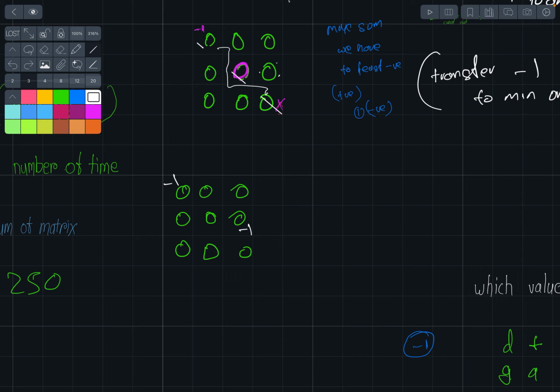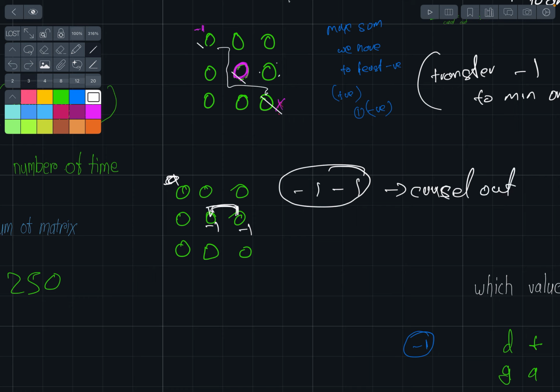So suppose we transfer this minus one to this one, and cancel it out by another operation. If two minus ones are there, we can simply cancel them out. So our sum will become only the positive one, meaning all the positive sum. Sum equals the absolute matrix sum.